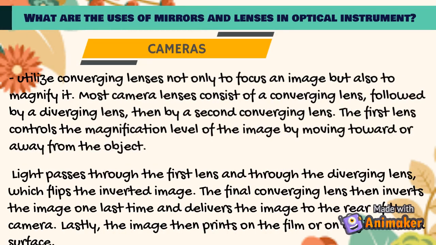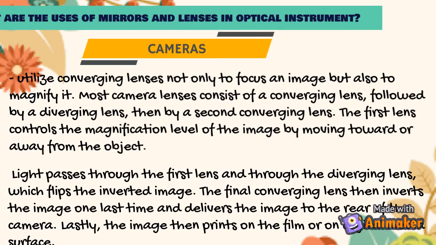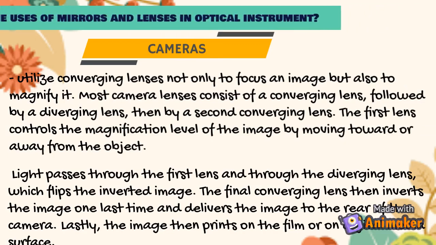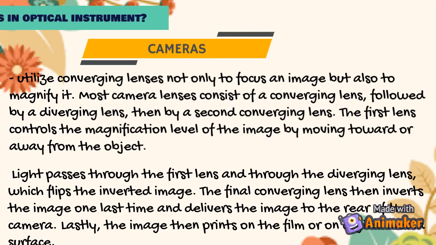Then we have cameras. These utilize converging lenses not only to focus an image but also to magnify it. Most camera lenses consist of a converging lens followed by a diverging lens, then by a second converging lens. The first lens controls the magnification level of the image by moving toward or away from the object.